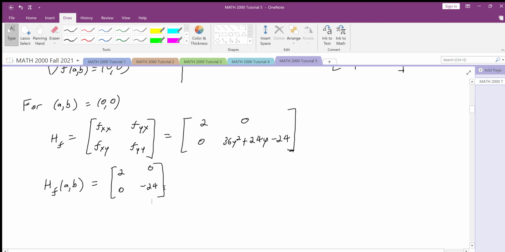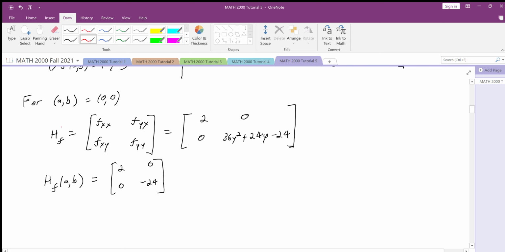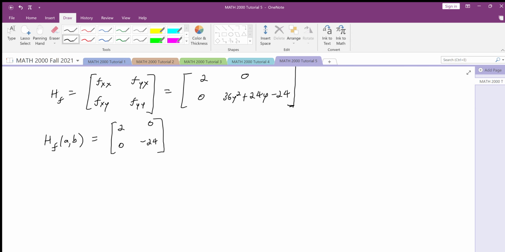And now we recall this giant formula up here, and we make good use of it. So P2 at (0, 0), at (x, y), is equal to f at (0, 0). I already explained that the gradient is just 0 in this case.